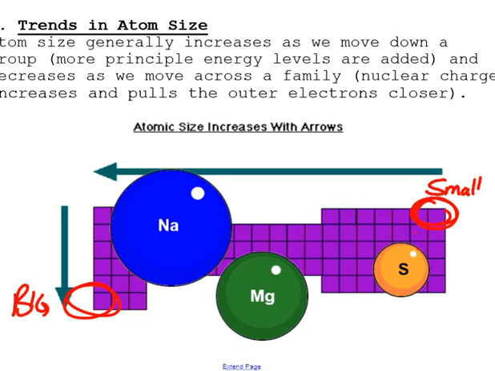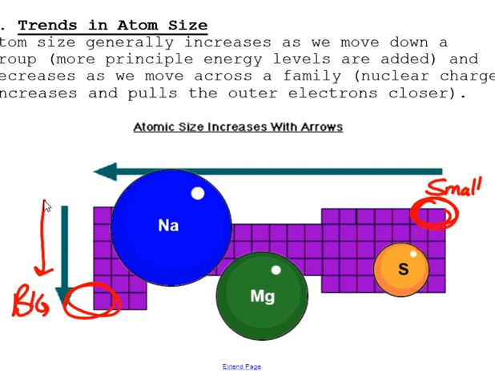Another interesting thing that we can see when we're talking about periodic trends is atom size, the size of the atoms. Now, for the most part, as we move down each period, most of us understand that atoms get bigger.